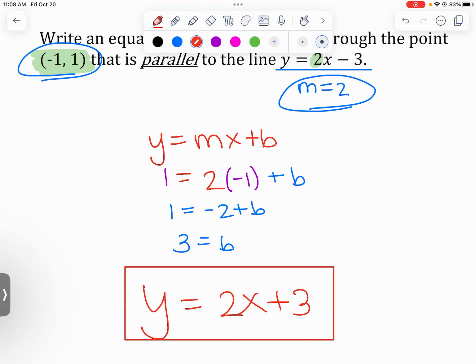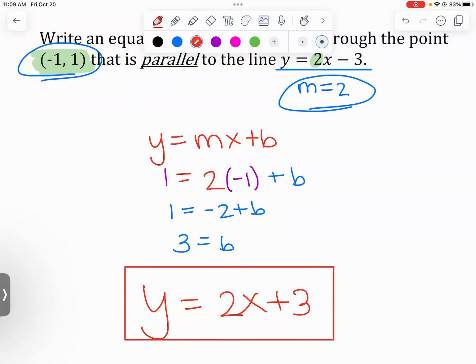Usually any line is parallel to it as long as it's not the same. As long as the slope is the same and the b is different, we know that they're parallel. Okay, so specifically, we wanted this parallel line to go through -1, 1, which is why this is the only answer that will work.